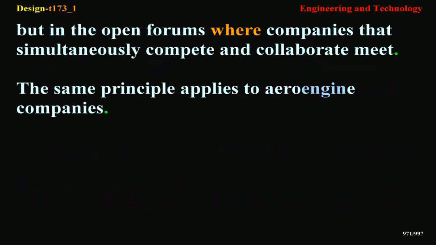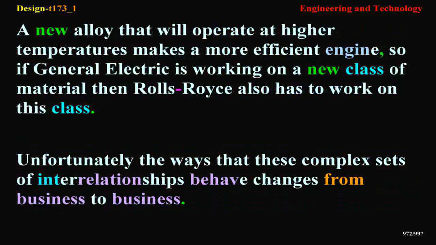The same principle applies to aero-engine companies. A new alloy that will operate at higher temperatures makes a more efficient engine, so if General Electric is working on a new class of material, then Rolls-Royce also has to work on this class. Unfortunately, the ways that these complex sets of interrelationships behave changes from business to business.